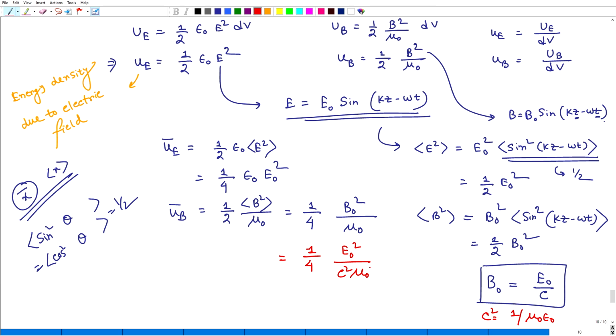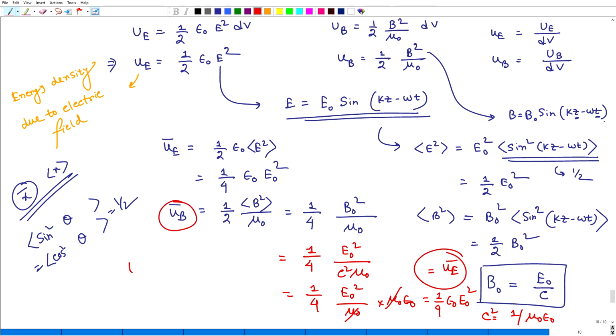So, 1 by C square is mu naught epsilon naught, so mu naught will be cancelled out. So, it will be 1 by 4 epsilon naught E0 square. So, it is essentially the UE average, right. So, UE average and the UB average are the same.